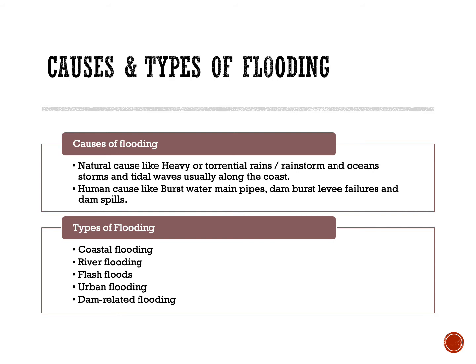So there are different types of flooding. You have coastal flooding, river flooding, flash flood, urban flooding, and dam-related flooding. As I said, the 2013 flooding is a dam-related flooding, and so it's more of a human cause and not a natural disaster.